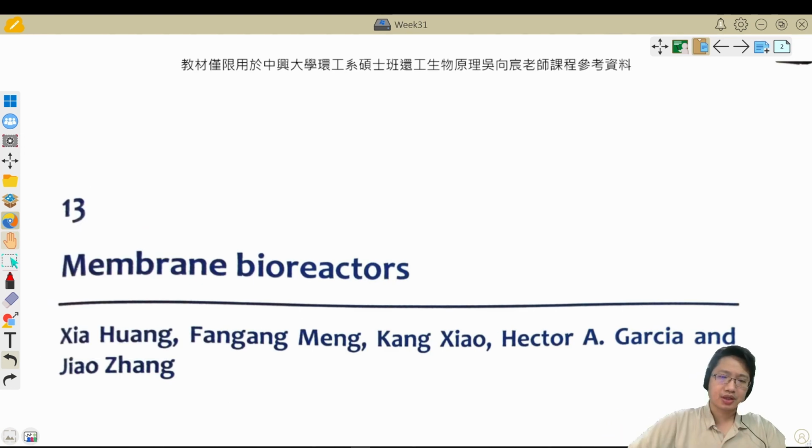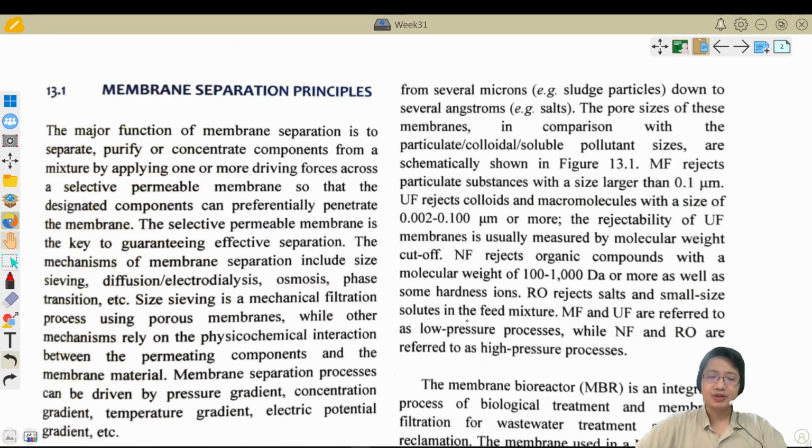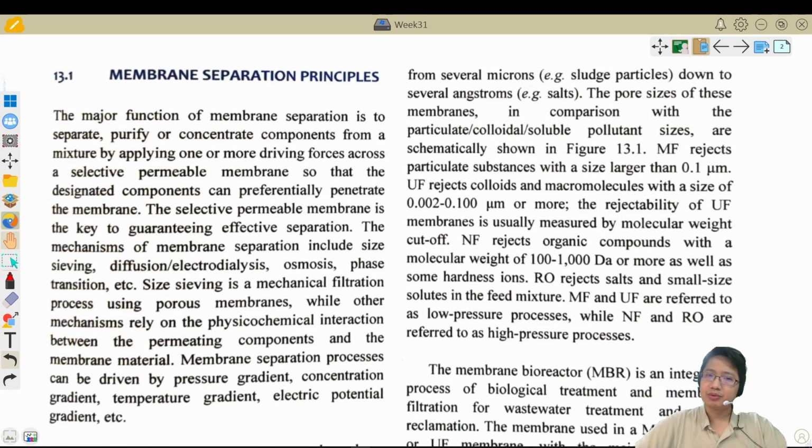The membrane has different types of labels depending on its pore size. To understand the membrane separation principle, it is actually doing the separation of the liquid and the solid.